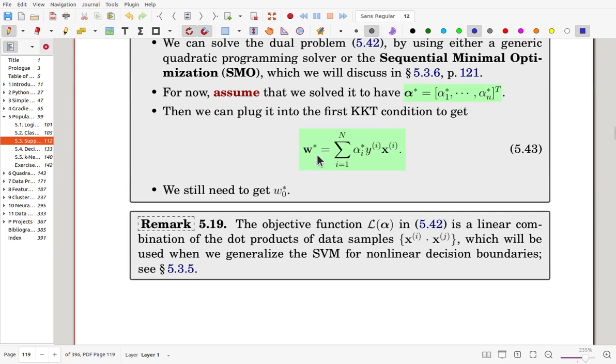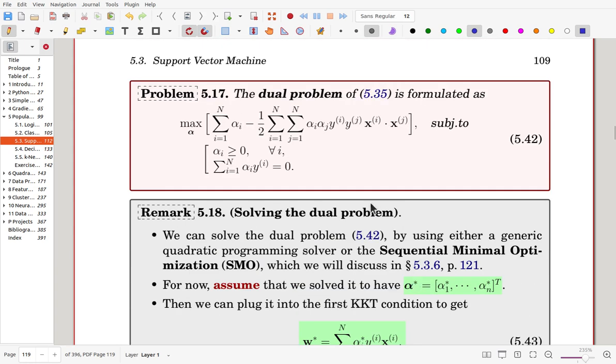The remaining part is W0 star. Before considering how to get this one, we look at the objective function here. This one involves the xi, xj dot product, so this whole thing is a linear combination of xi, xj dot products.